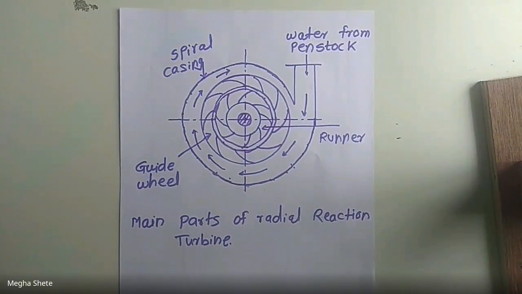As the water flows through the runner, a part of pressure energy goes on changing into kinetic energy. Thus, water to the runner is under pressure and the runner is completely enclosed in an airtight casing, and casing and runner is always full of water.